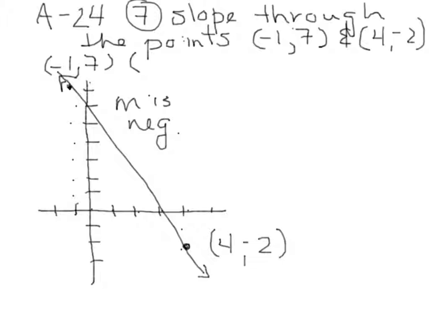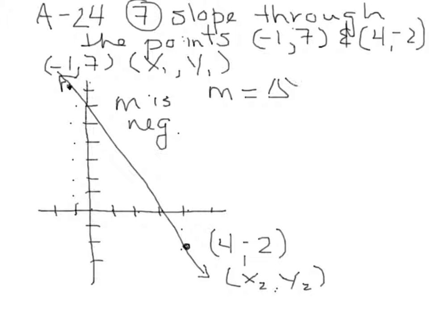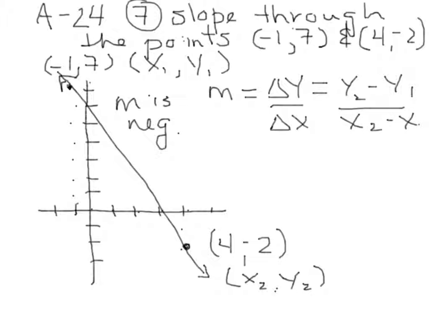So let's go ahead and call this point here x1 comma y1, and we'll call this one x2 comma y2. And we're going to use our definition of slope again, which says it's the change in y over the change in x. That's equal to y2 minus y1 over x2 minus x1. I go ahead and make those substitutions. So here's my y2.